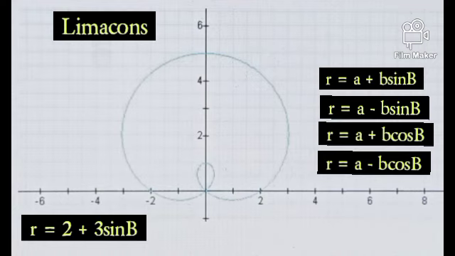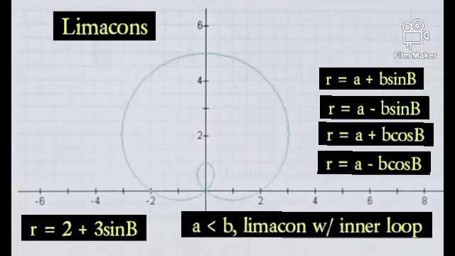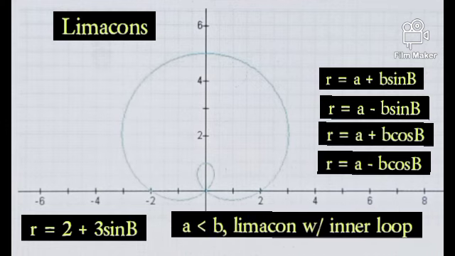And the graph of this polar equation is a limacon, as shown in the diagram. For the polar equation r = 2 + 3 sin θ, the value of a is 2 and the value of b is 3. That is, a is less than b.